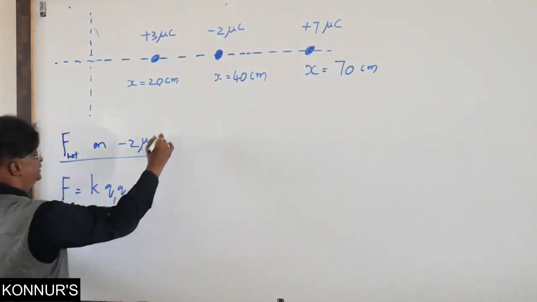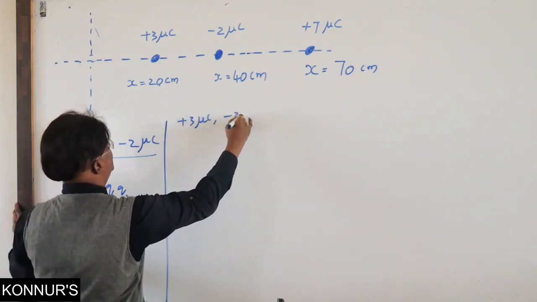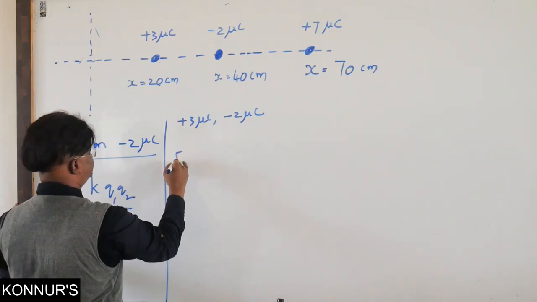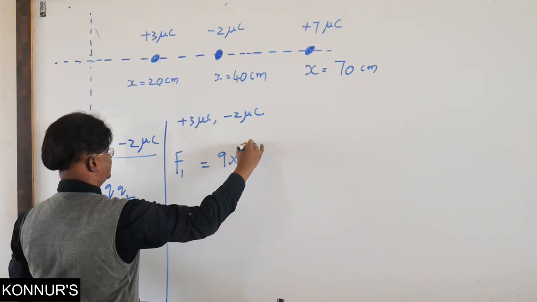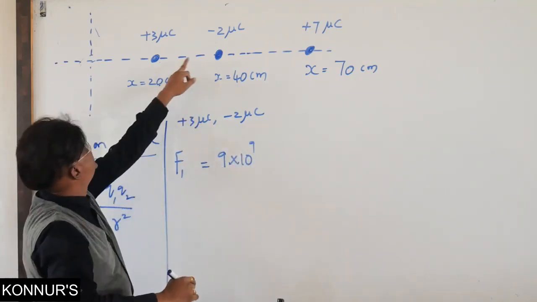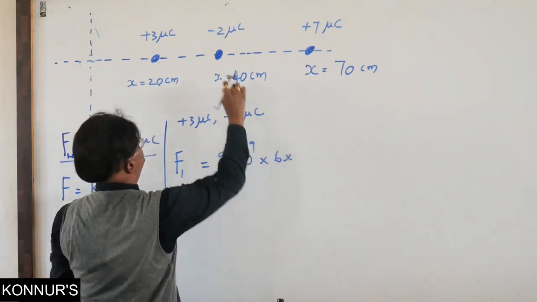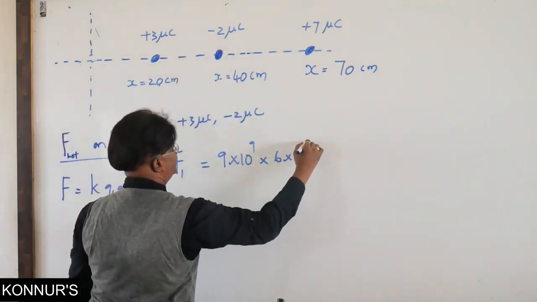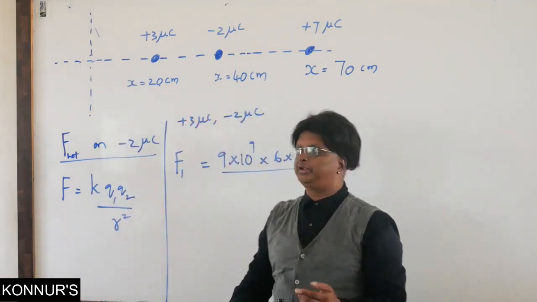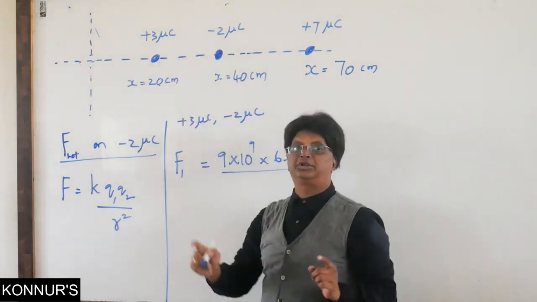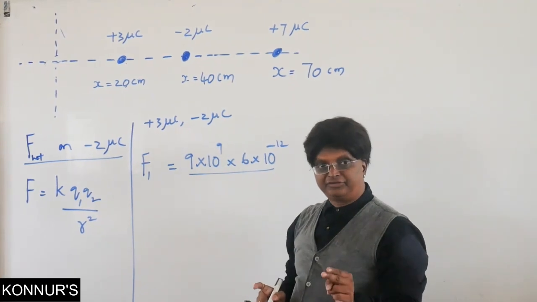Now using that, first for the pair plus 3 microcoulomb, minus 2 microcoulomb, what force do I get? I write it as F1 equals K, 9 times 10 raised to 9, times Q1 Q2, multiplying 3 and 2, it is 6 micro into micro, 10 raised to minus 12. This is an important thing; generally people forget about that sub-particle. See, 2 microcoulomb into 3 microcoulomb is not 6, it is 6 into 10 raised to minus 12. Now what is the distance between them?